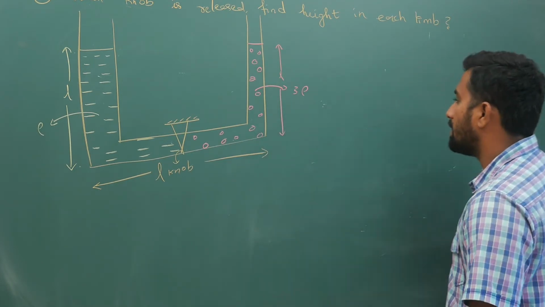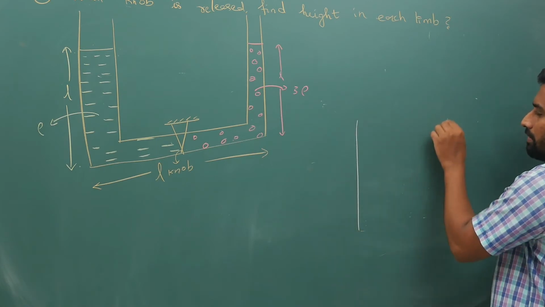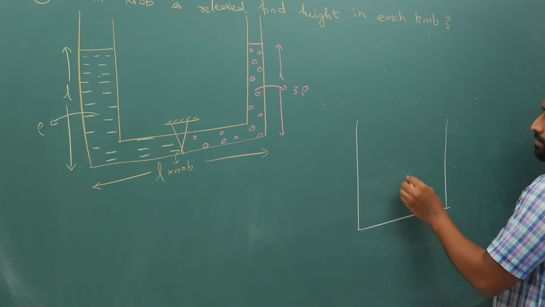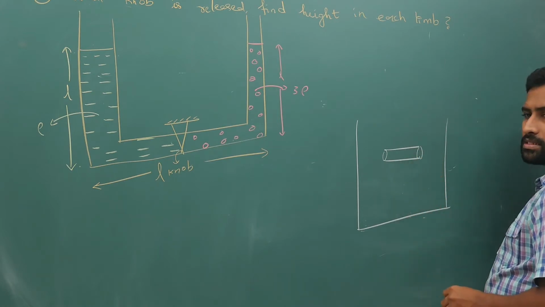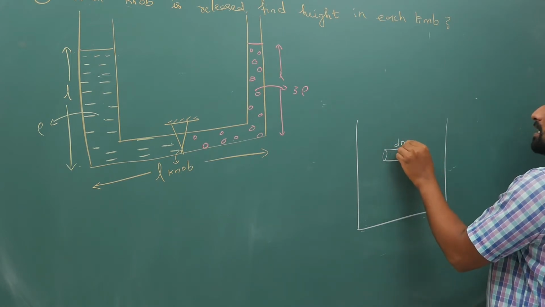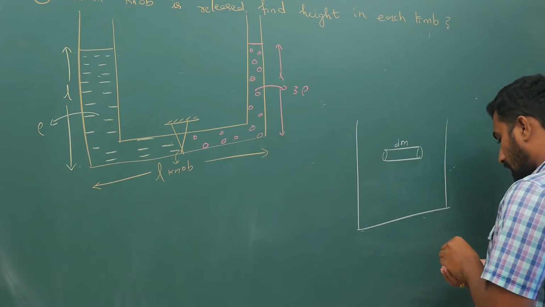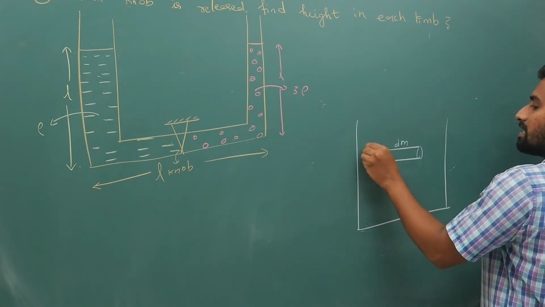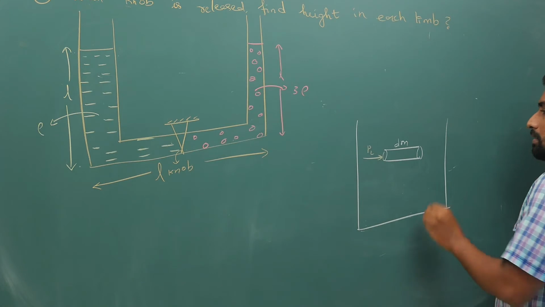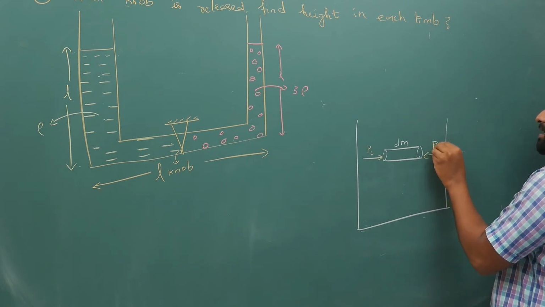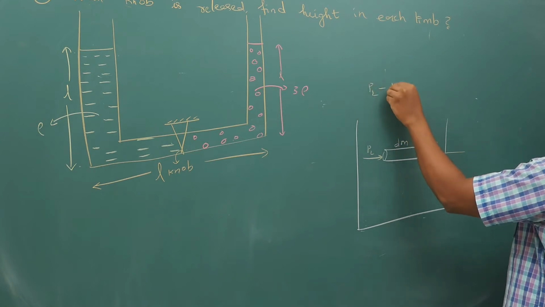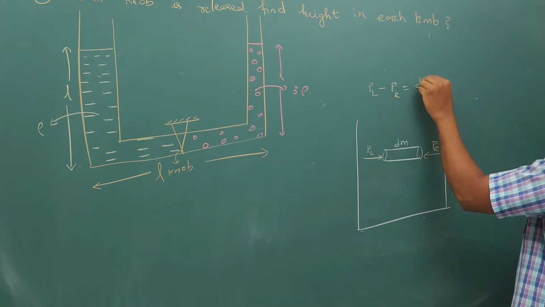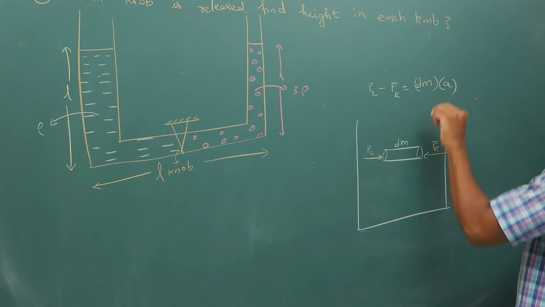My point is, if you have a container like this, and within this container you take a small elemental mass dm, if the pressure from the left side is PL and the pressure from the right side is PR, then pressure from left minus pressure from right is the small mass dm into acceleration.